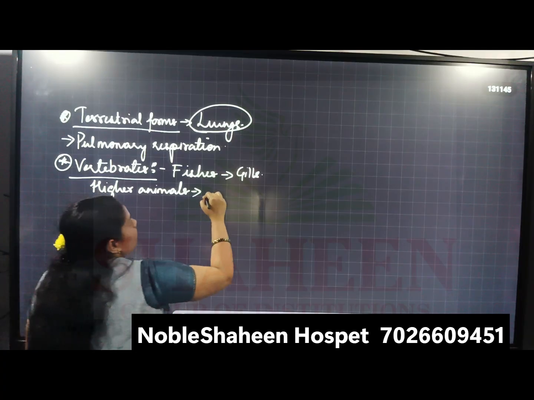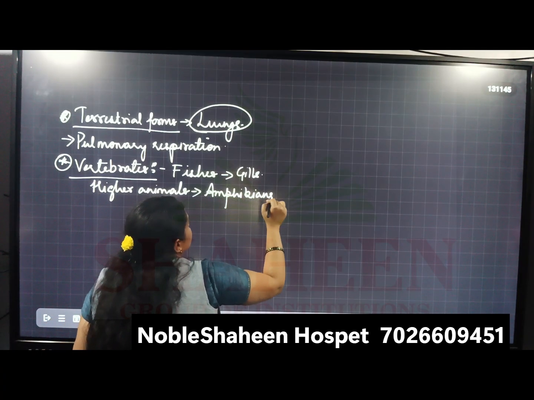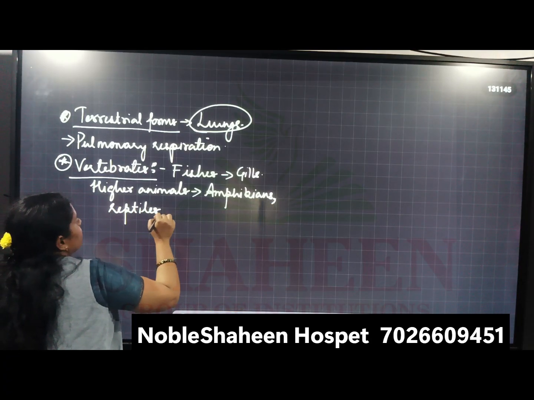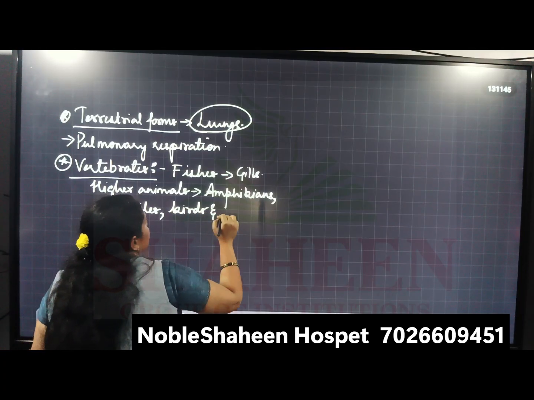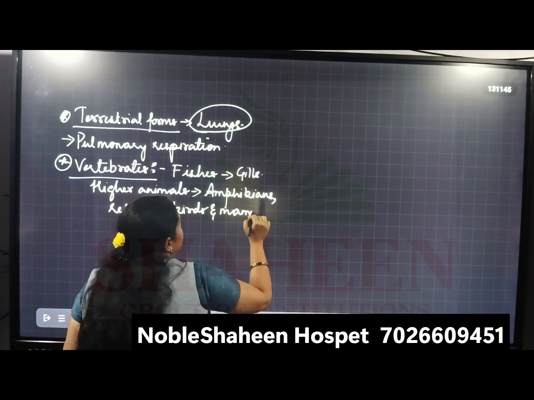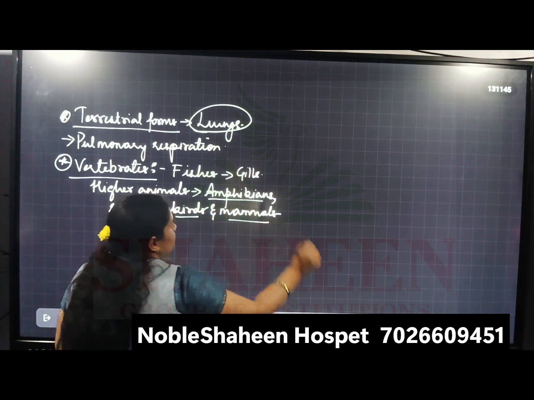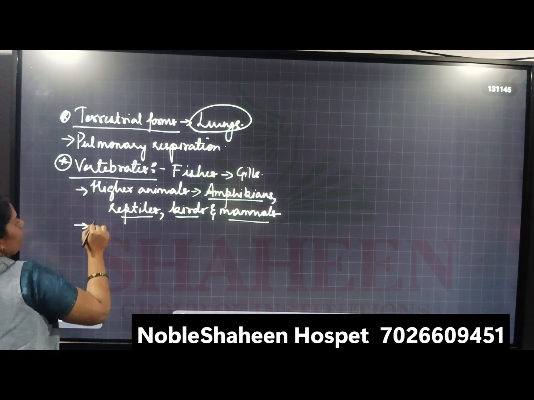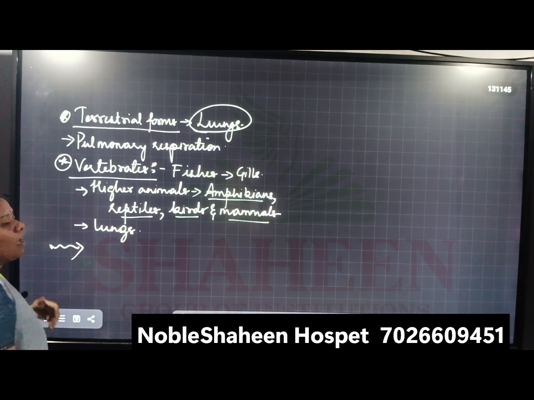Higher animals in the sense I am meaning here amphibians, reptiles, birds and mammals, all of us, like all these group of animals, we all breathe with the help of what? Lungs.